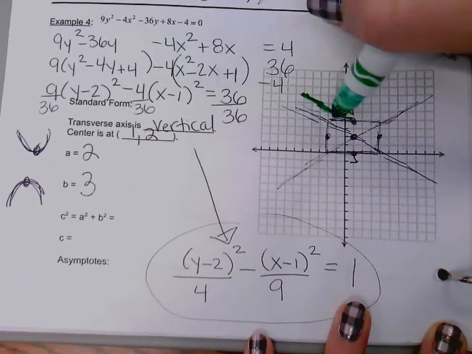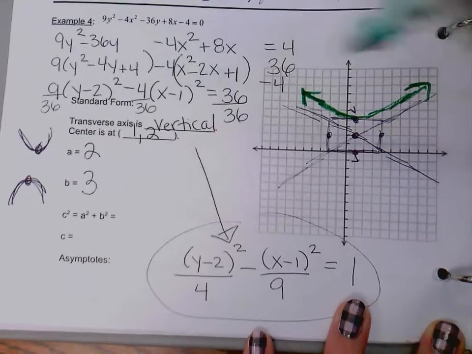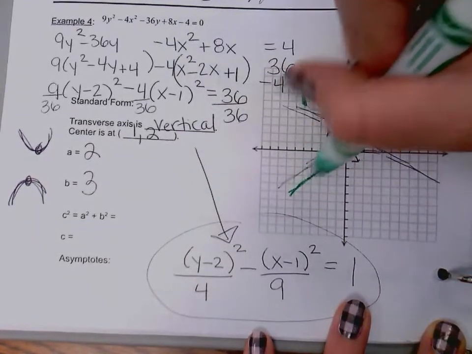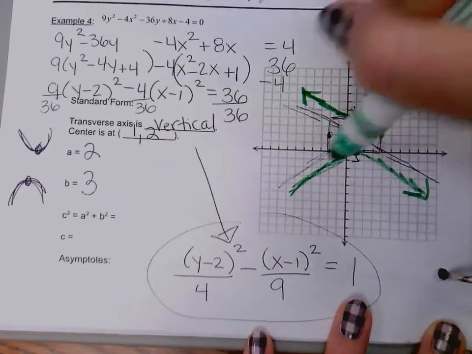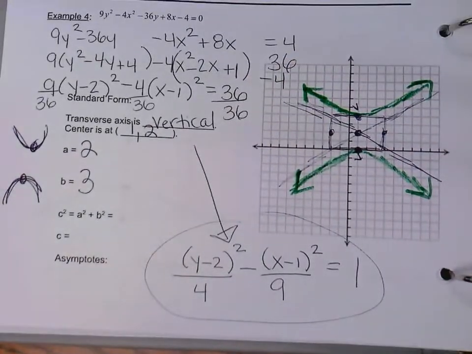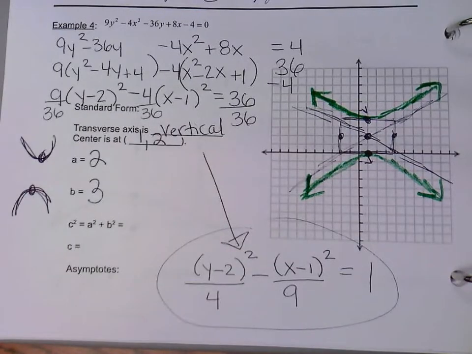So the hyperbola touches the vertex and then goes out towards the asymptotes. It doesn't go inside the box at all. So the green is the only part that's the actual hyperbola. Everything else is the framework. People kind of remember that from Monday, hopefully.